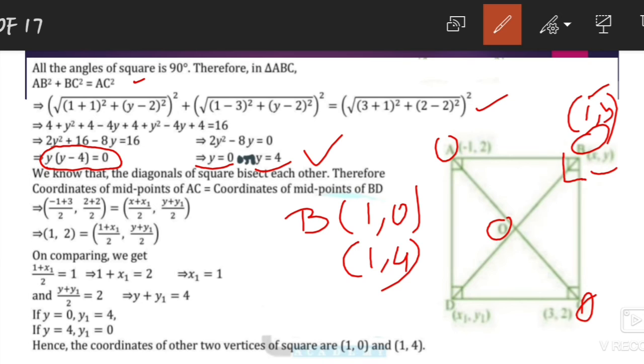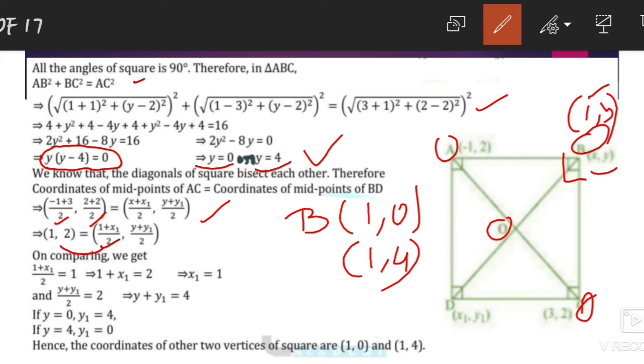Okay, so if you consider AC and O as the midpoint, by the midpoint theorem, the coordinate of O will be (minus 1 plus 3)/2 comma (2 plus 2)/2, and if you consider BD and O is the midpoint of BD, the coordinate of O point will be (x plus x1)/2 comma (y plus y1)/2. Okay, now in place of x I am putting the value 1, because there is only one value of x.